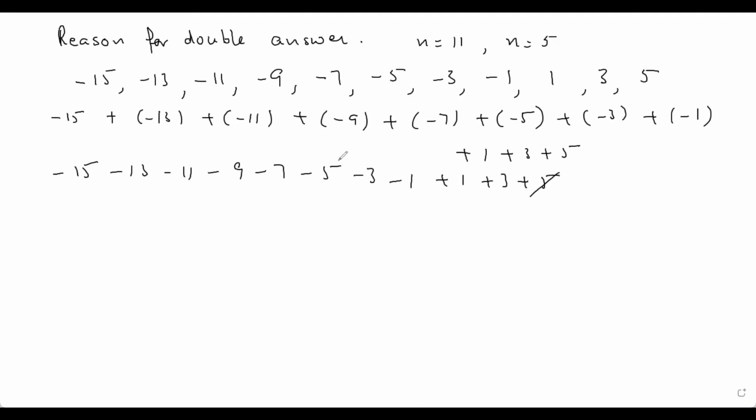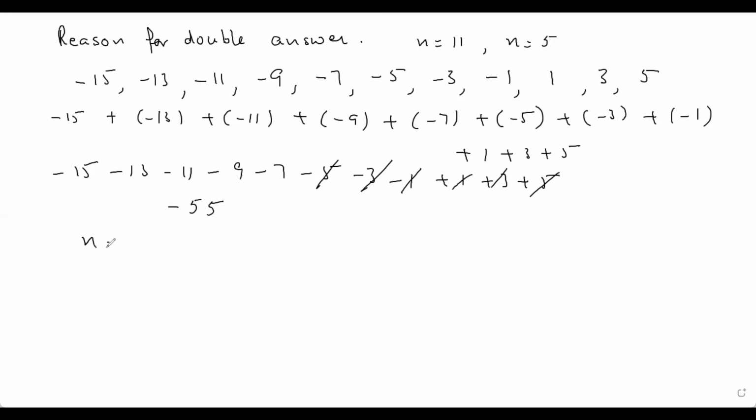If I add all these terms, this and this is cancelled, this and this is cancelled, this and this is cancelled. So I am left with these 5 terms. If we add them, I'll get minus 55.